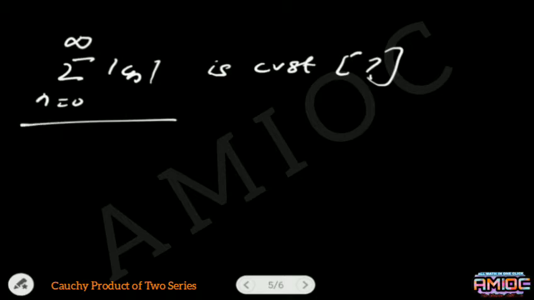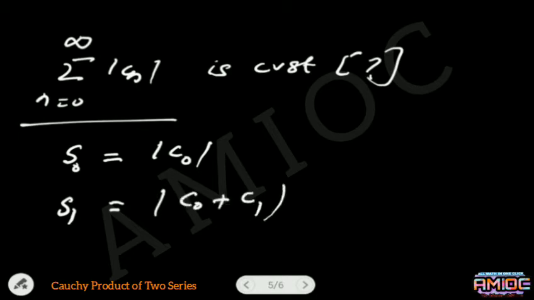Let us evaluate the sequence of partial sums associated with the given series summation n equal to 0 to infinity mod Cn. Let S naught be the partial sum of the first term. Then S naught is equal to modulus of C naught. S1 is equal to modulus of C naught plus C1, the partial sum of the first two terms.